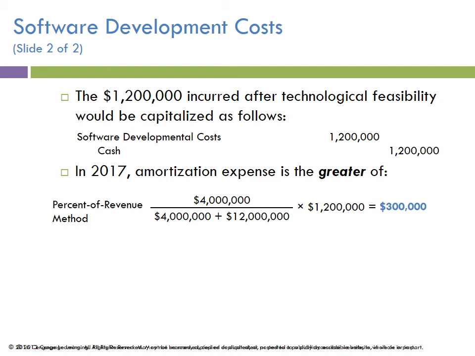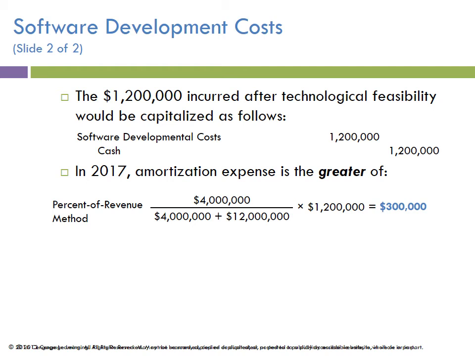Now, the amortization expense is the greater of two ways of doing this. The percent of revenue method, where we take the annual amortization: the amount of revenue earned this year over all the revenue they expect to earn. It earned $4 million this year.